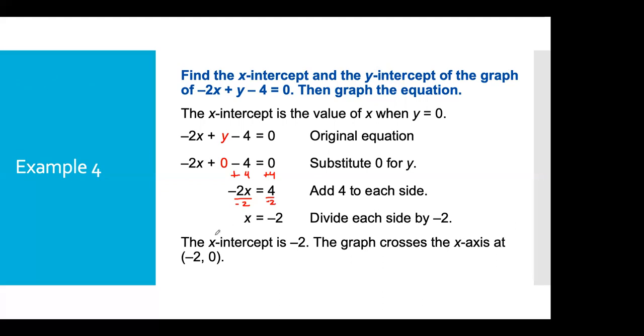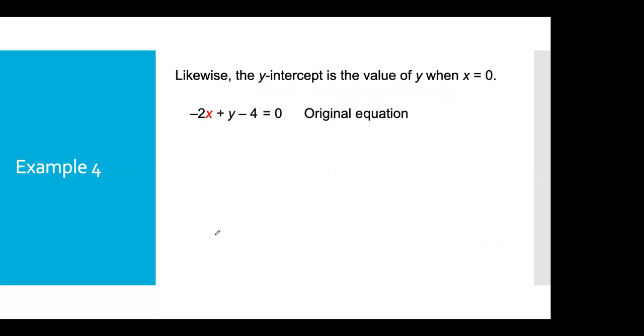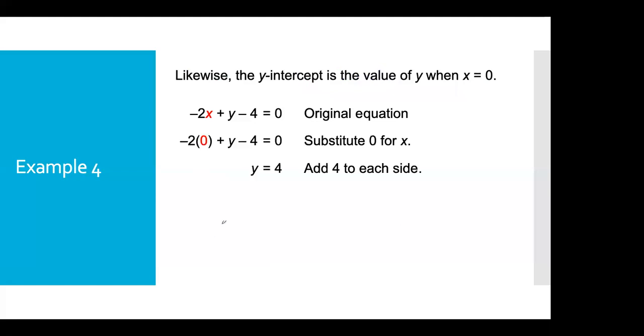You would plot this point on your graph as one of the points you would use to draw the graph. So next we're going to find our y-intercept. So this is when our x value is 0. We ask what y is. So we're going to substitute in 0 for x. And then we're going to again add 4 to both sides so that we can isolate y after that.